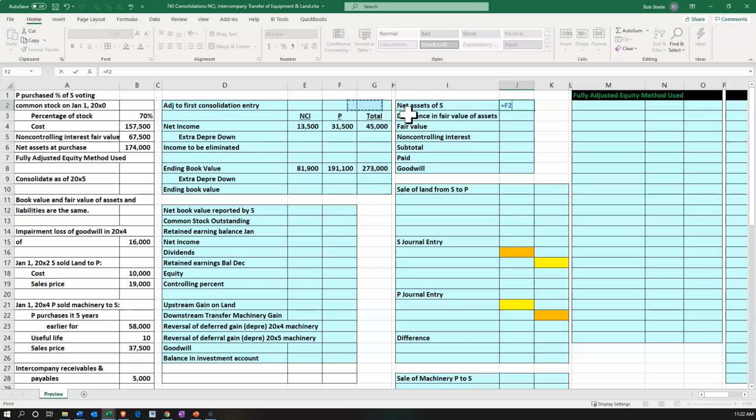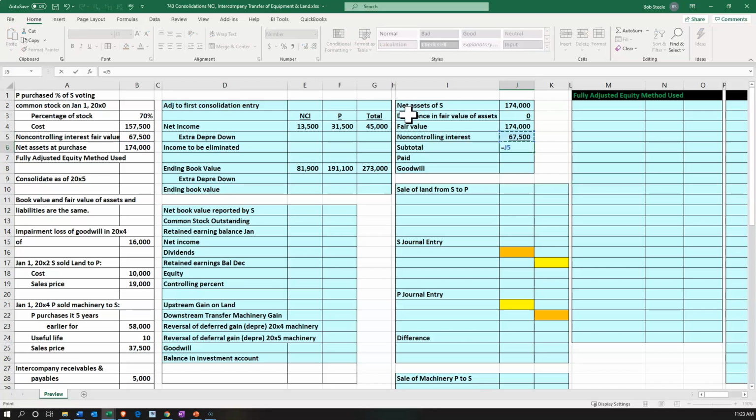The net assets, or the equity accounts, were 174 at the point in time of purchase for S, the company being purchased, 70% purchased. There's no difference between the fair value of the assets and liabilities at that time. Therefore, we're going to say the fair value is also the 174,000. We're going to compare that to the non-controlling interest, which is given to us here at the 67,500.